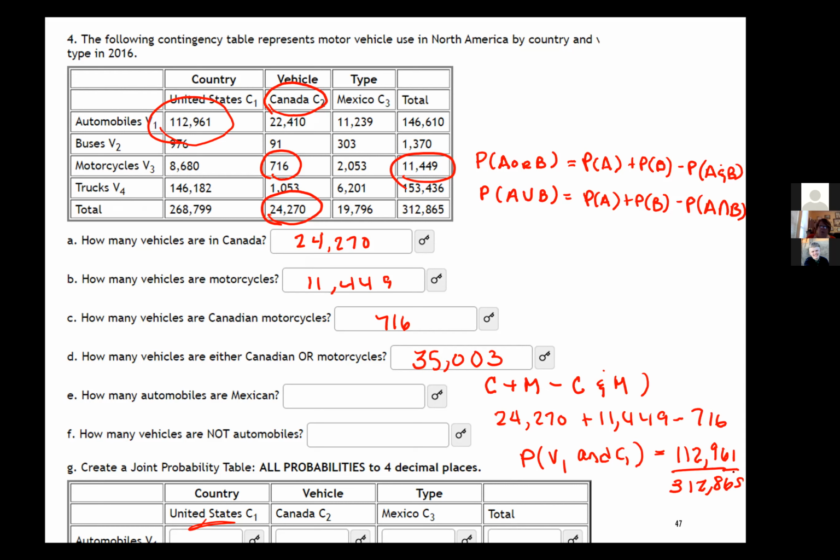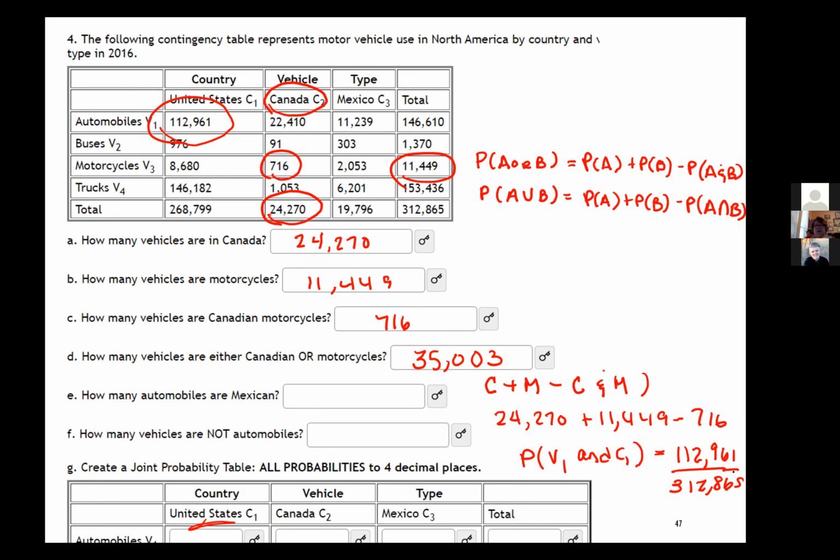And to find the probability that you pick a vehicle in the United States, well, the 268,799 vehicles in the United States divided by the total number of vehicles, 312,865, gives you the probability that if you randomly selected one of these vehicles, it would be in the United States. So that's what all those probabilities are below.